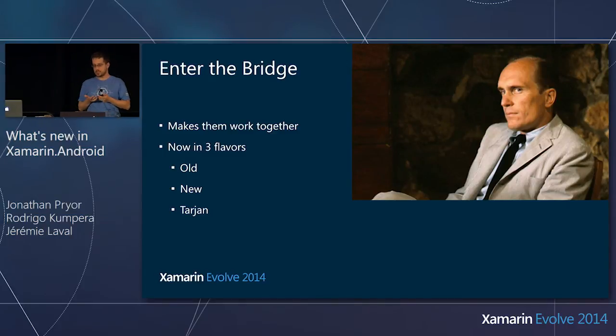We have historically had a lot of performance problems with the bridge, because it is a very convoluted process. We have to move around lots of information about which objects are important for Mono, which objects are important for Dalvik, and so on. And we decided that we had to do something there. So we implemented 2 new flavors, 2 new bridges. The first one is what we call old, which is what you are all using now.